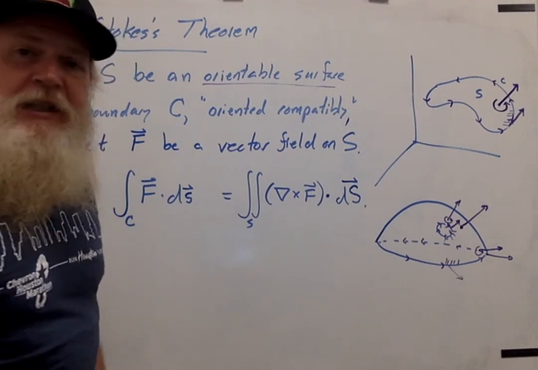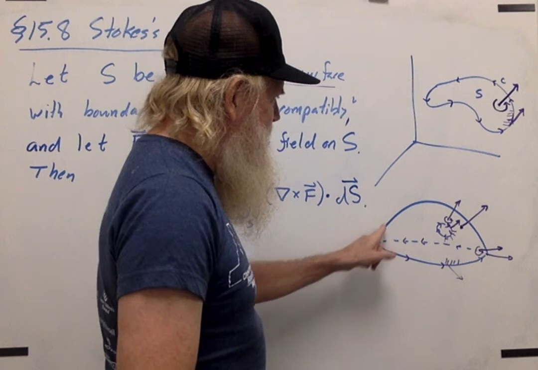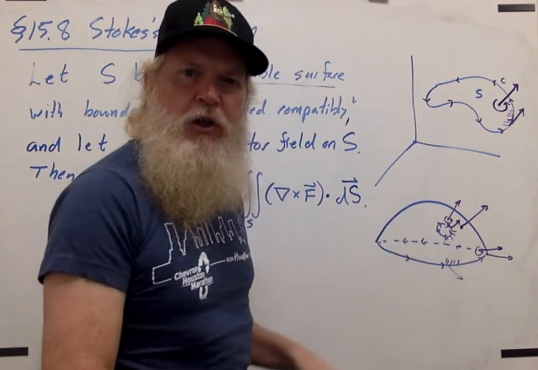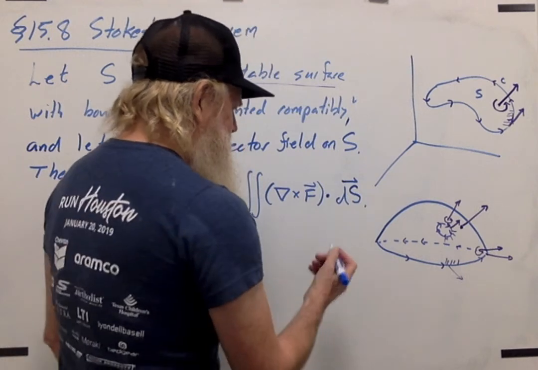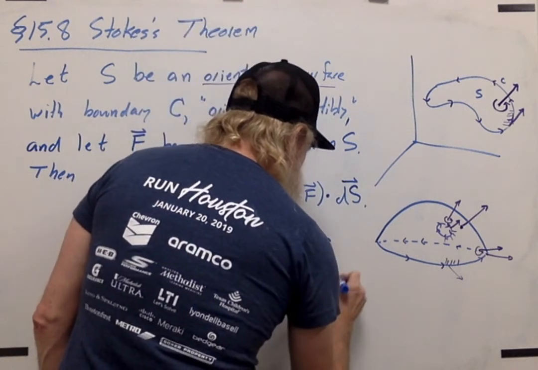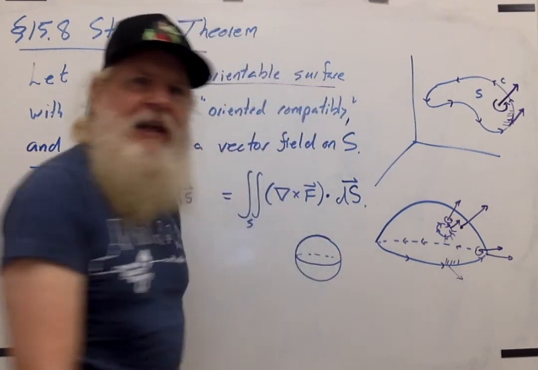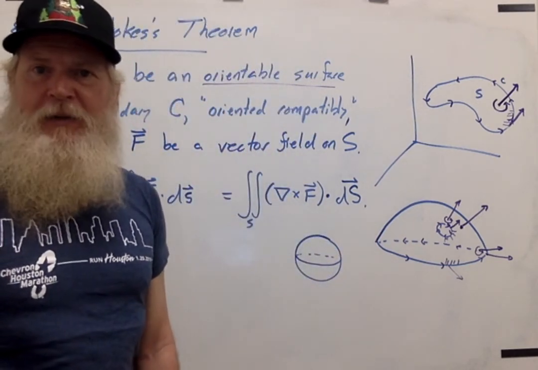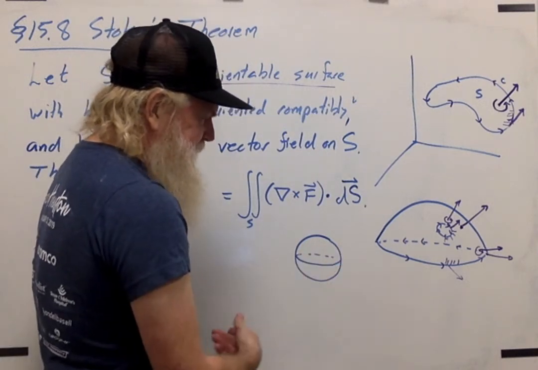Now, one thing that students sometimes find confusing is they'll look at a picture like this and think this top part is also a boundary curve. Let me see if I can explain why it's not. If I draw an entire sphere, that entire sphere has no boundary. But if I cut it, so think about this as a tennis ball.